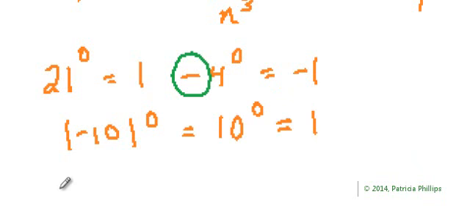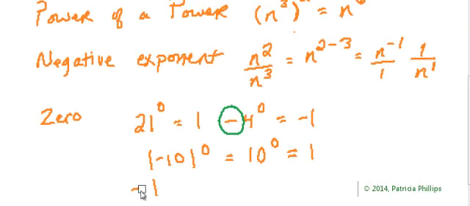You might see something like the negative absolute value of 14 to the power of 0, and I'm telling you because I've seen it. Let me move this up so I can have some more room.